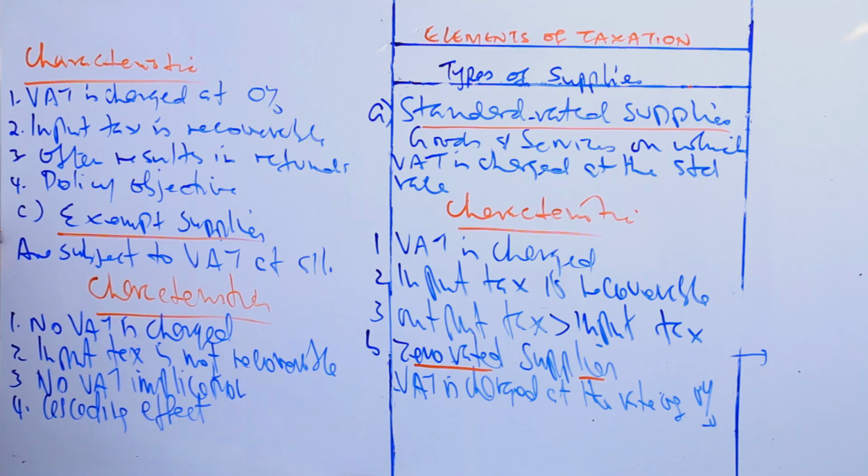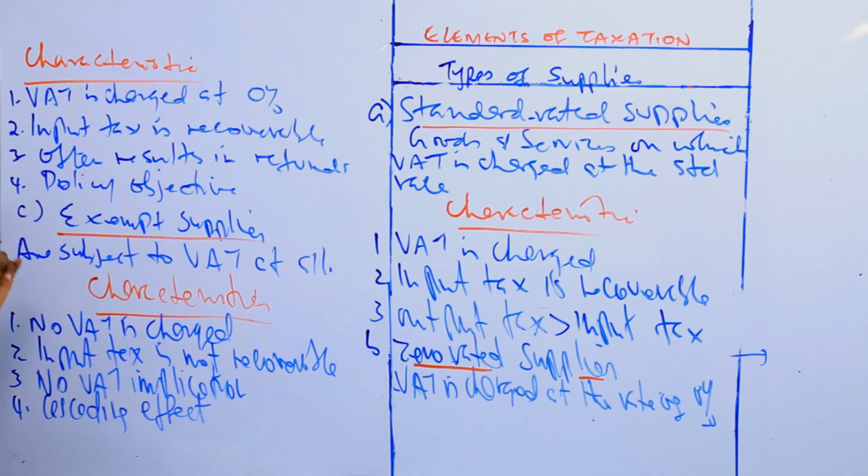Examples of exempt supplies in Kenya: we have financial services such as banking services, insurance services, except for certain specific services like fund management or other consulting services. We have educational services provided by schools, universities and colleges.